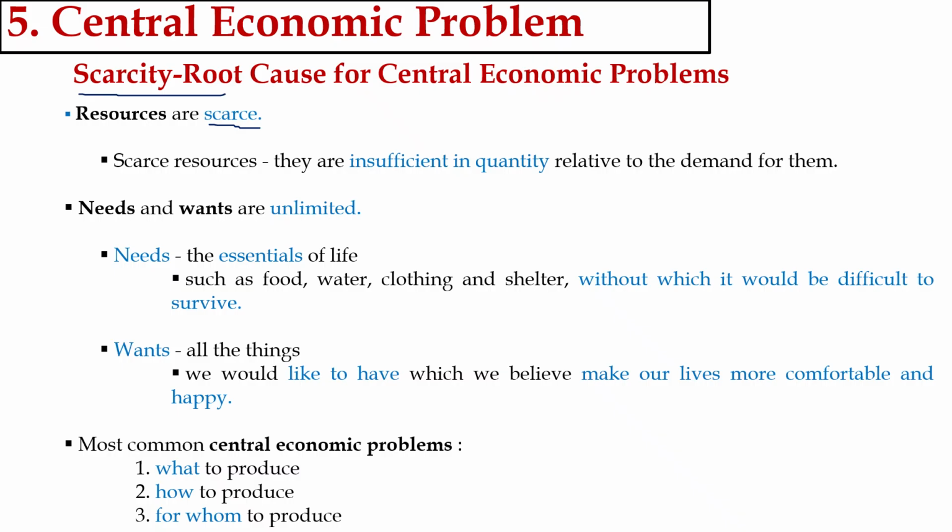He has to buy a mobile, which is again $300. If he wants to get all these three things, the total amount of money the person should have is $800. But he has a salary of only $500, which means the money available to the person is less. It is insufficient in quantity.